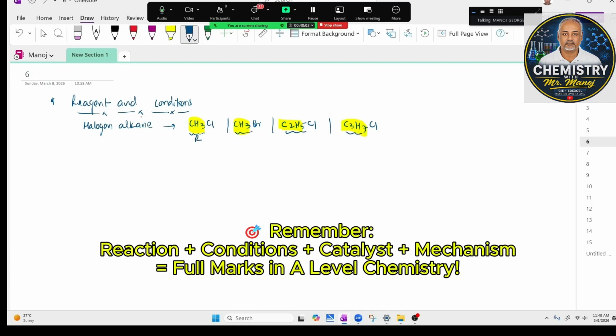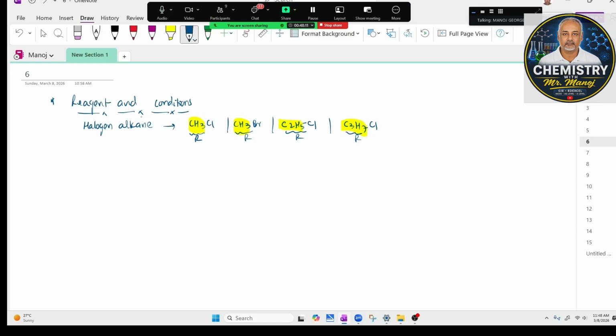Even alcohols can be used. They can also give you the R group. Let's stick with this reaction. Even alcohol can give me this.